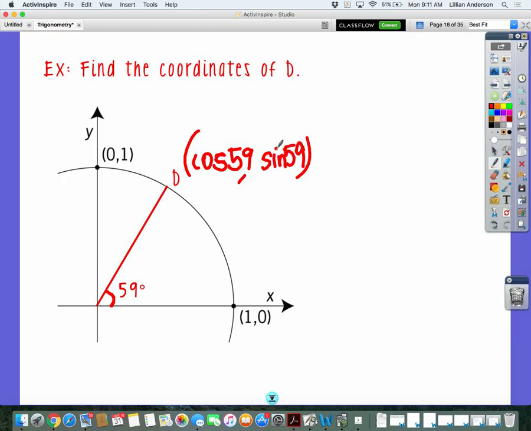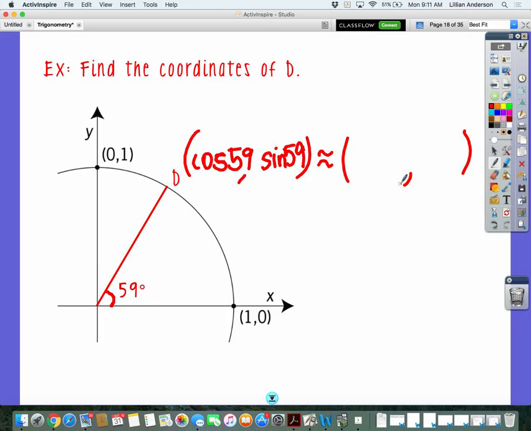All right? Go to our calculator. We'll type that in. We'll get an answer. Of course, how are we rounding? Three significant figures.